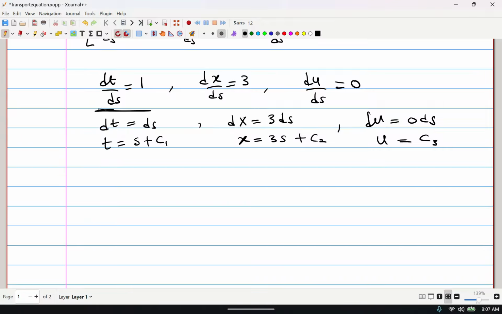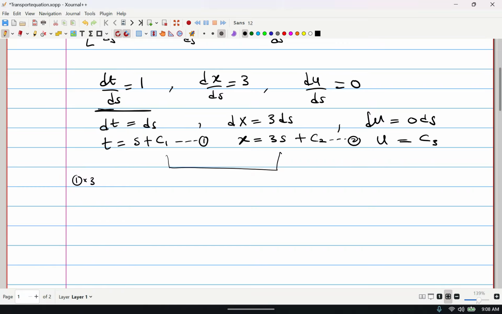Now what we have to do is to eliminate the parameter s from these two equations, the x and the t. I can call this one equation 1 and that equation 2.